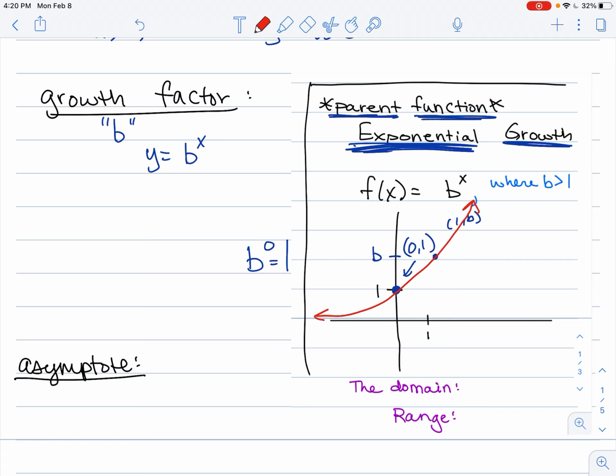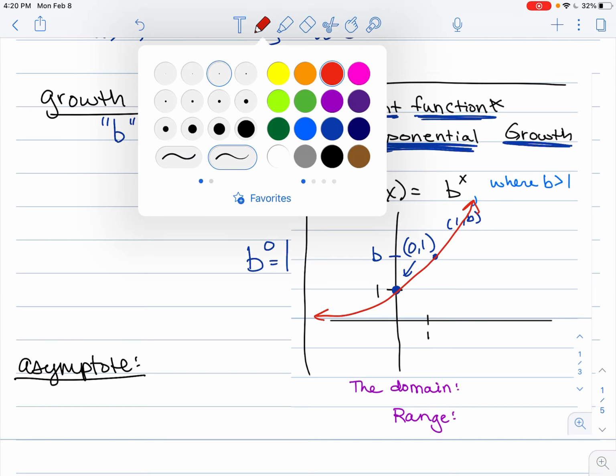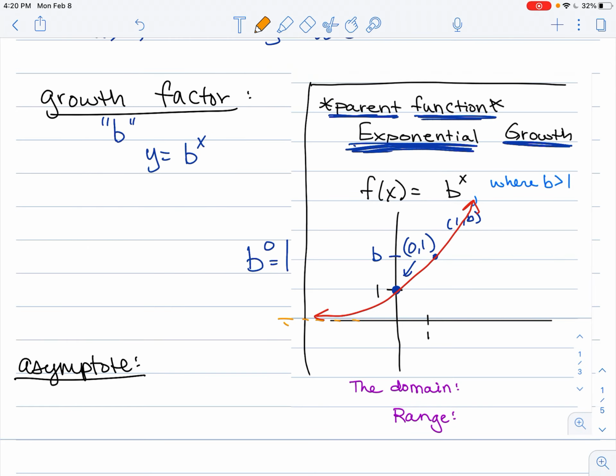Now when I've got negative values, remember a negative exponent is a fraction, so it just keeps getting smaller and smaller as the exponent gets more negative, but it never crosses this line here. This is called an asymptote.